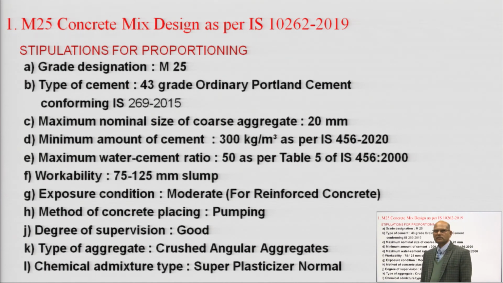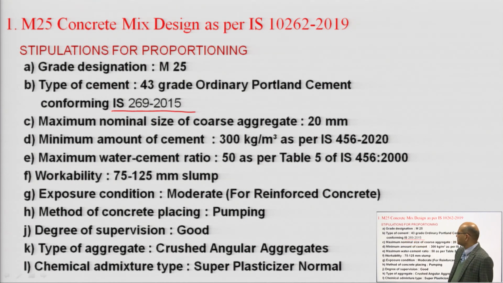We have different grades of ordinary Portland cement like 33 grade, 43 grade, 53 grade, 53 grade sleeper class. All these specifications have been modified in IS 269 2015.